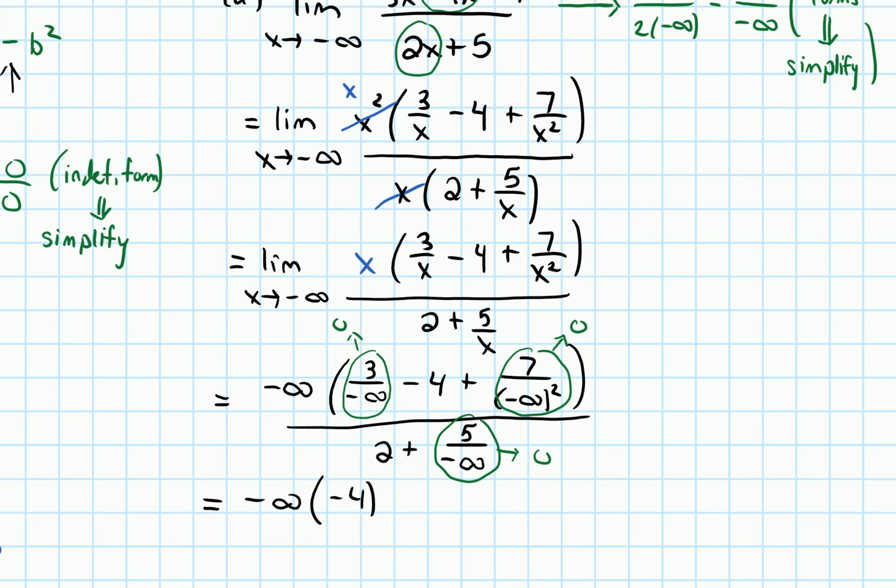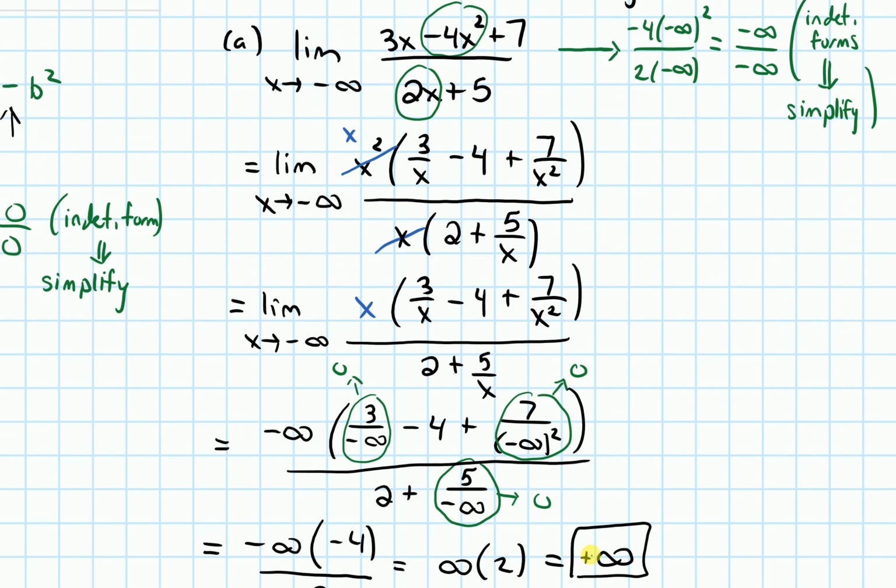On the denominator, we get 2 plus 0, which is just 2. So overall, the double negative cancels, and we'll end up with infinity times 4 divided by 2, we get 2. 2 times infinity is even bigger, so this is positive infinity, in fact. And that's our answer. This limit ended up being positive infinity.